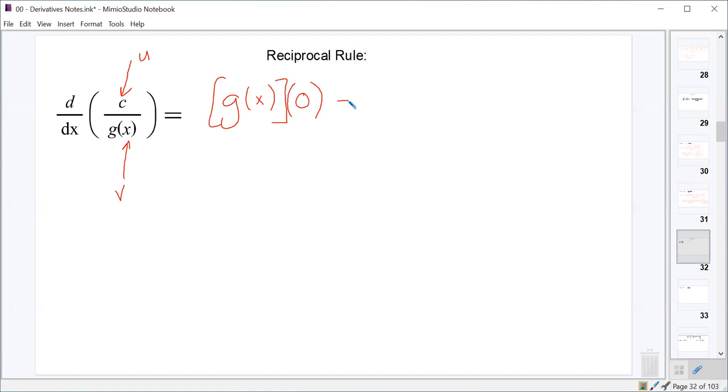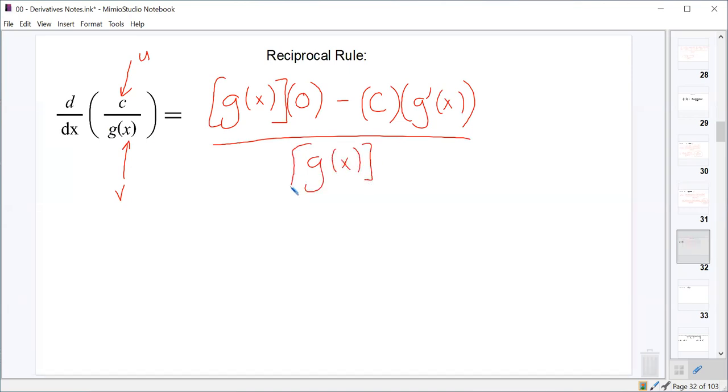So v du minus u, that constant, times the derivative of v, which is just g prime of x. And then we'll divide it all by g of x squared. And this reciprocal rule just ends up being negative c times the derivative of g all over g of x squared.